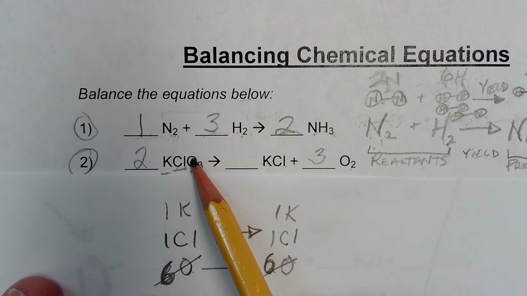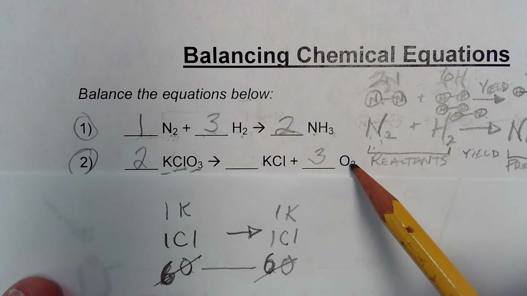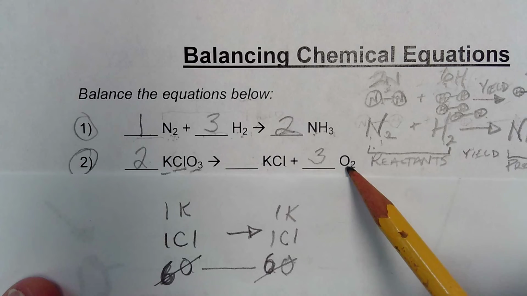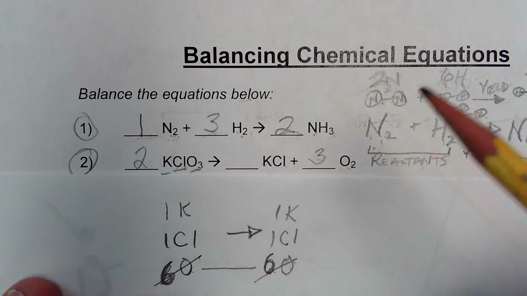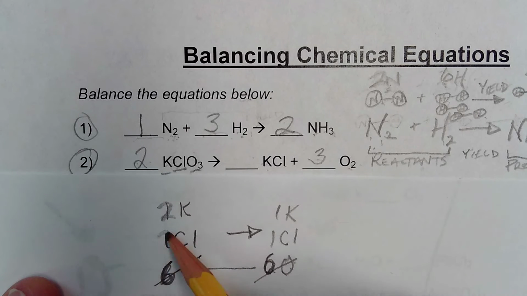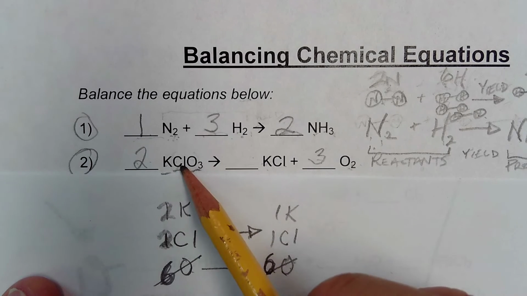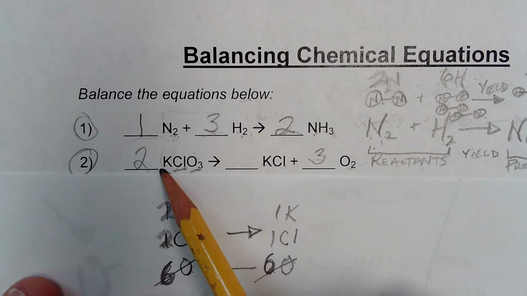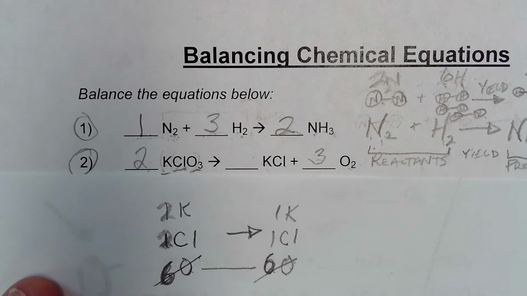Now, in doing that, I changed some stuff, right? I'm fine on the product side, it just changed the oxygens, but on the left, it also changed chlorine and potassium. So I've got 2 potassiums, 2 chlorines. Because this is a coefficient, it's multiplied by all of those, okay? So 2 potassiums, that's pretty easy.